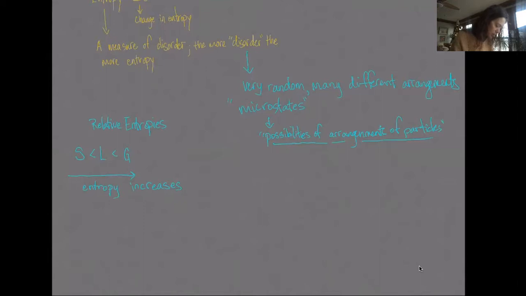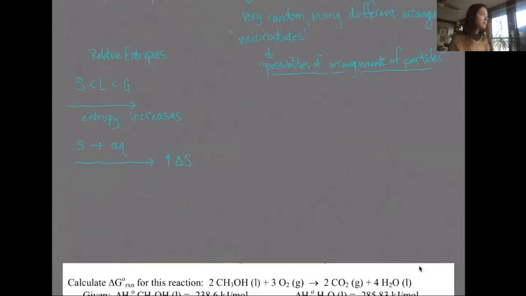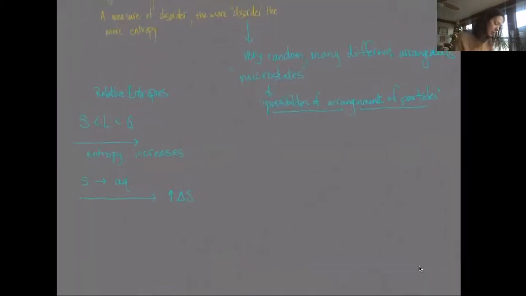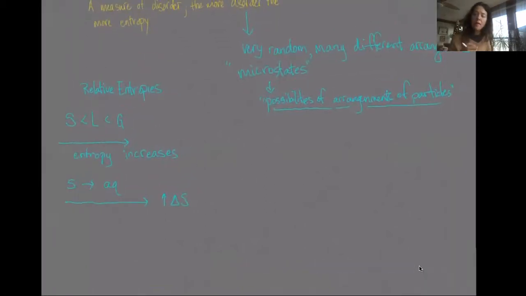Right, solutions, when you take a solid and you make it aqueous, you are increasing your entropy, right? We have an increase in our change in entropy. It goes up. So we could talk about processes. Now, substances have been assigned entropy values, and you can look in an index and find those values.